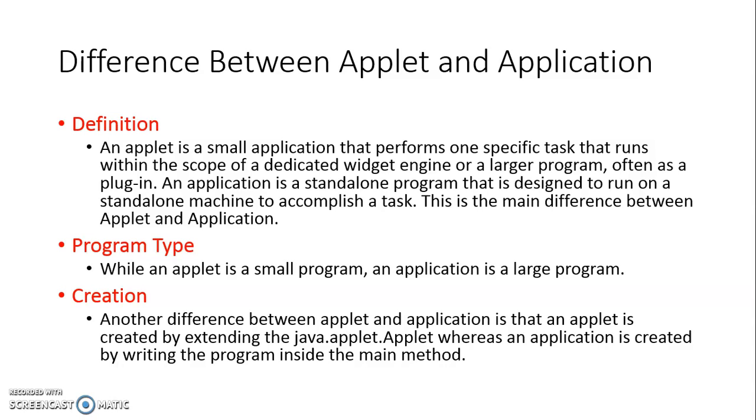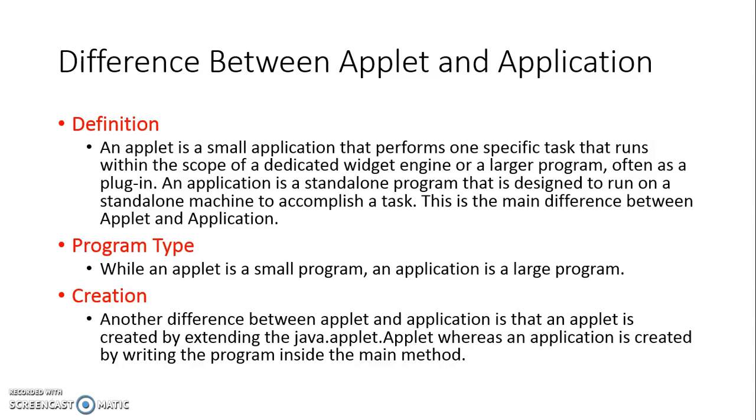To run an applet, you have to install a plugin. An application is a standalone program that is designed to run on a standalone machine to accomplish a task. Now this is the main difference related to definition of an applet and definition of an application.